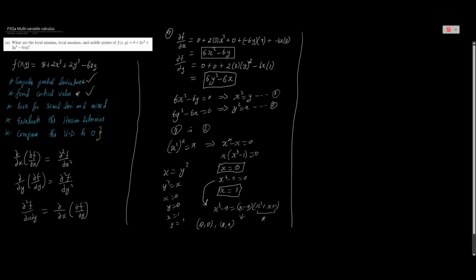So to evaluate that, we're going to start with the first one, our partial derivative of our function with respect to x. So it will be the partial derivative of our partial derivative with respect to x. We saw that the result was 6x squared minus 6y, and simply this result with respect to x will be 12x.